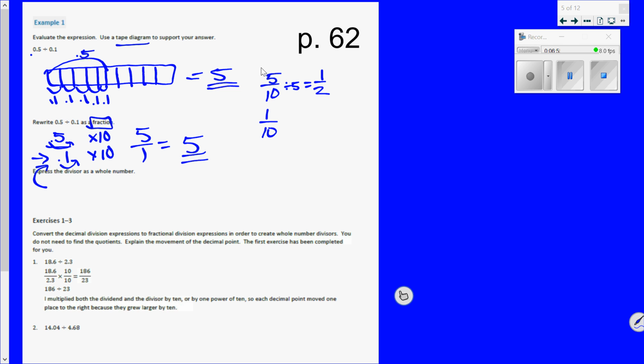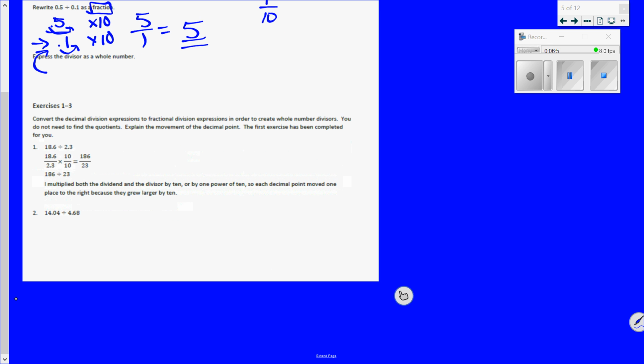I will tell you right now, guys, the whole key to today's lesson, and I want you to go ahead and write this in. Let's put it right here above exercises. Focus on making the denominator a whole number.